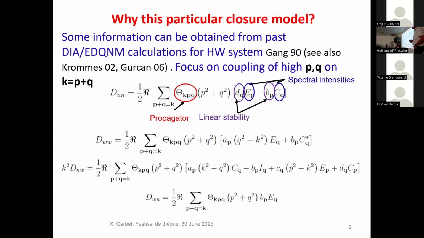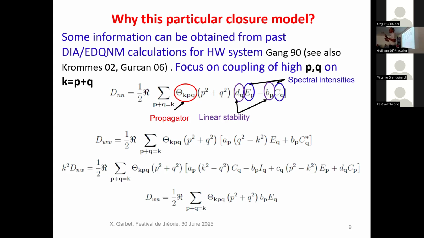And this is still intractable. So EDQNM, a terrible word for eddy-damped quasi-normal Markovian model, is essentially about simplifying this equation of the cross correlations. Fortunately, these terrible calculations were done by Gang. I think Pat was co-author of this one in the 90s. So they are there. These equations, if you look at the paper, are extremely complex.